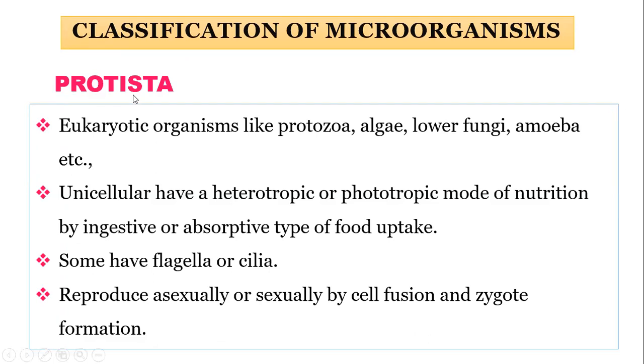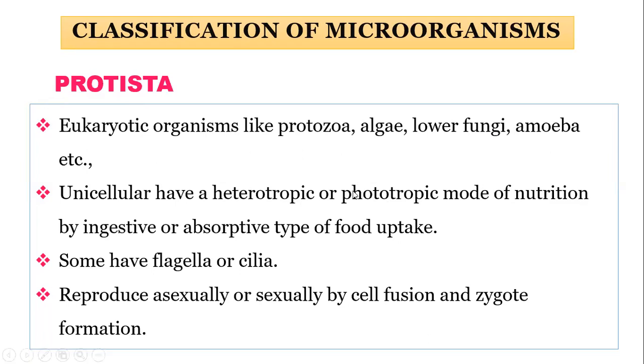Next, kingdom Protista. Kingdom Protista includes eukaryotic organisms like protozoa, algae, lower fungi, amoeba, etc. This includes unicellular cells having a heterotrophic or phototrophic mode of nutrition, by ingestive or absorptive type of food uptake. Heterotrophs cannot use carbon dioxide as a source of carbon.